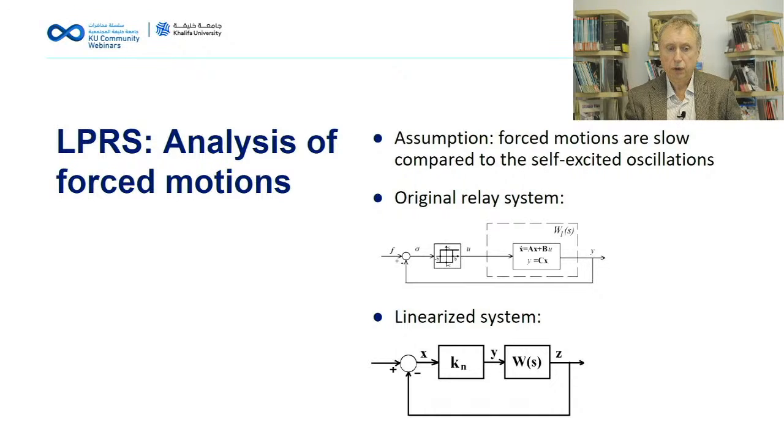And for analysis of the forced motions or analysis of the average motions, we simply replace the relay with the equivalent gain that we find by using the LPRS method. And this is our model for analysis of average motions that can be used for analysis of either a variable set point or variable disturbance that can be applied here.